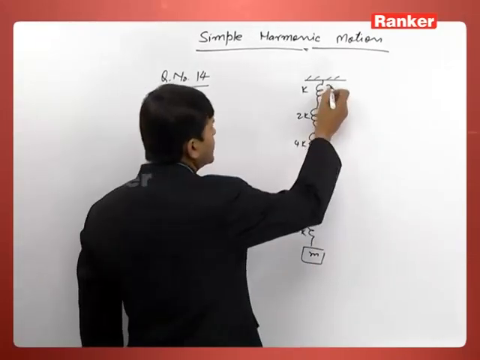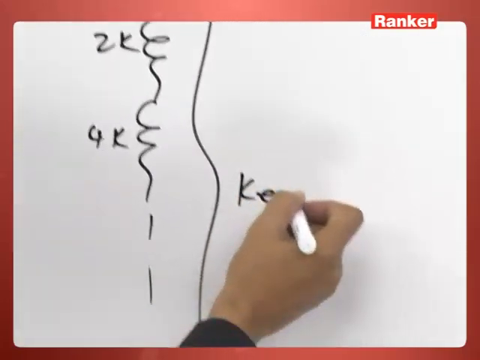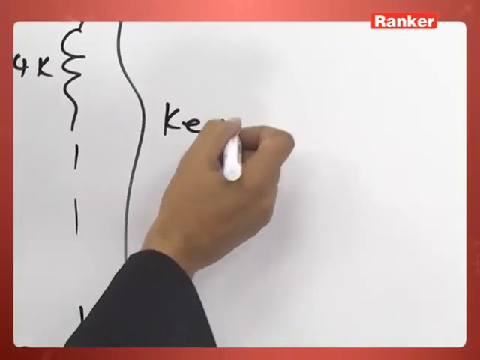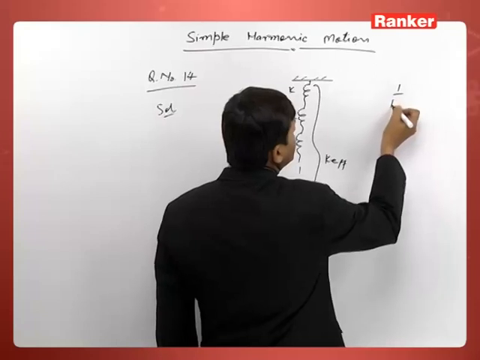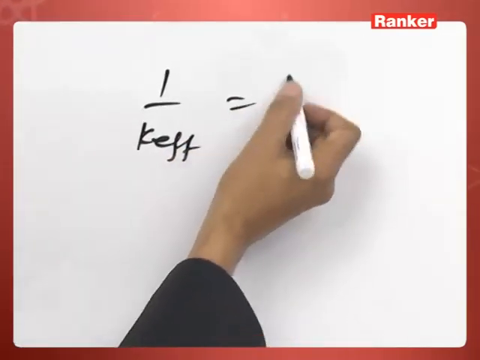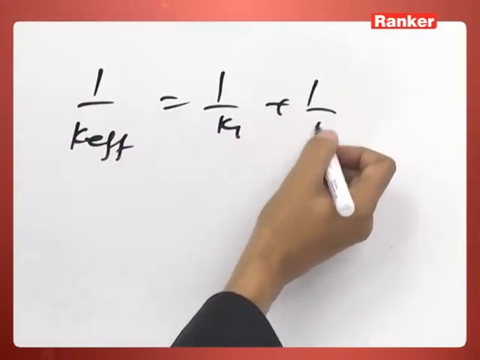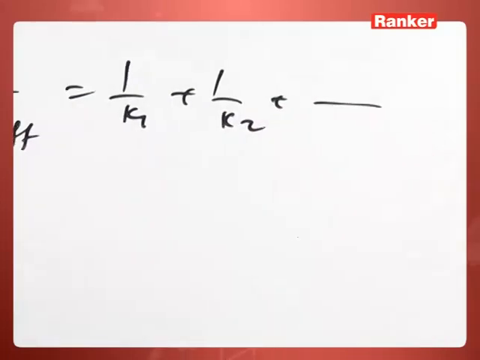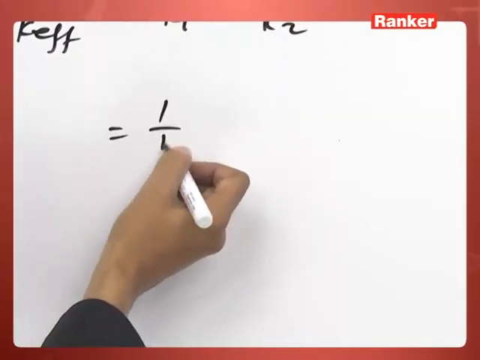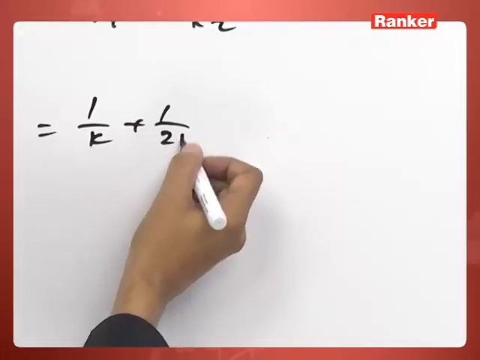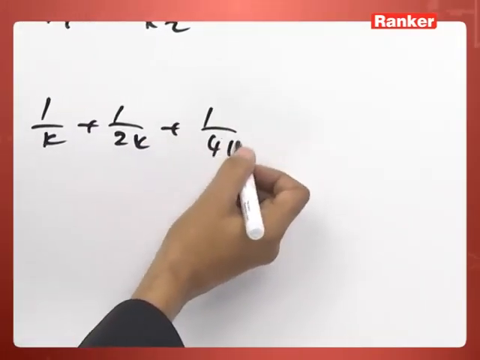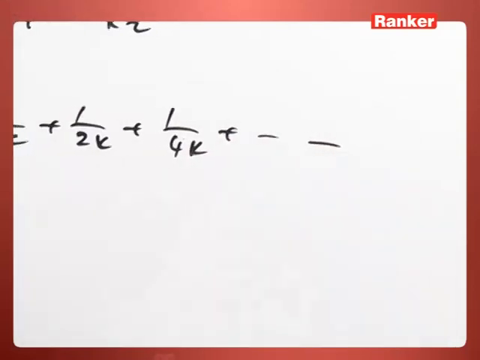So this can be replaced with one spring of force constant K effective. So 1 by K effective is equal to 1 by K1 plus 1 by K2 and so on. So 1 by K plus 1 by 2K, 1 by 4K like this.